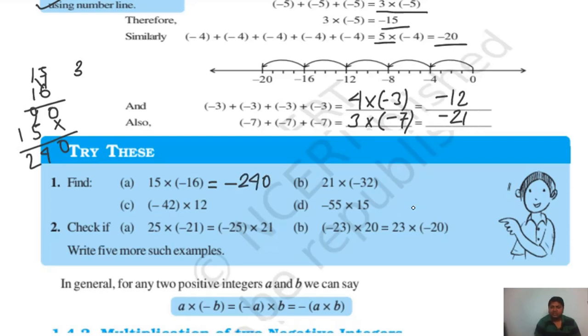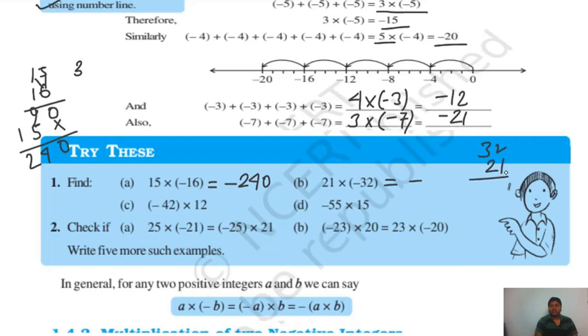In a similar way we can multiply this portion. Suppose here we multiply 32, so minus 32, that means here we use minus 32. We multiply 32 into 21.